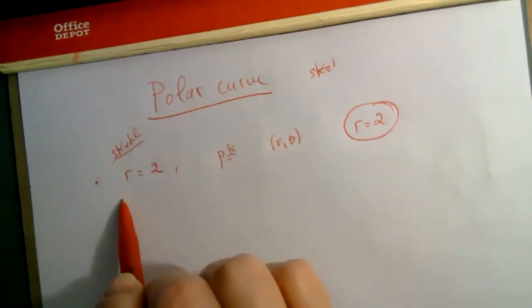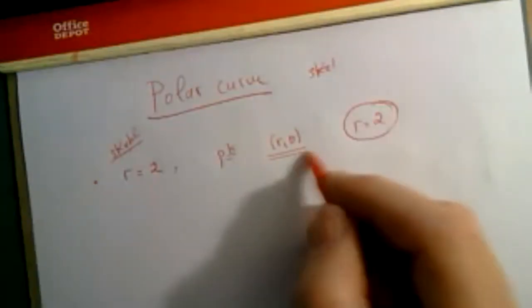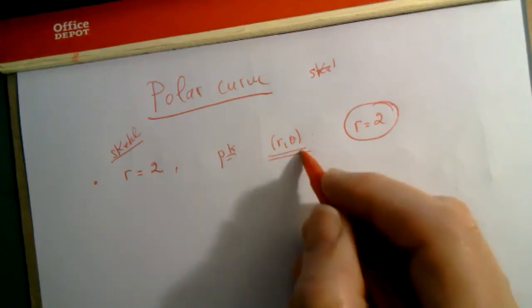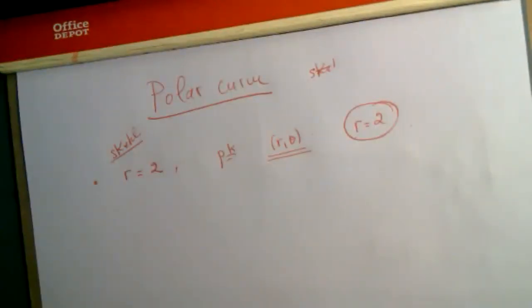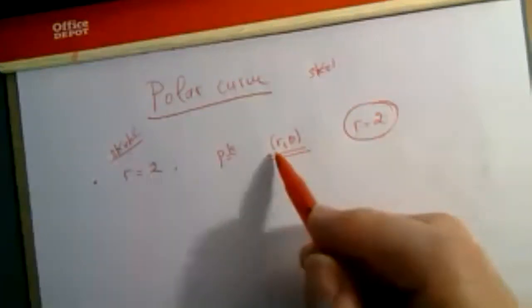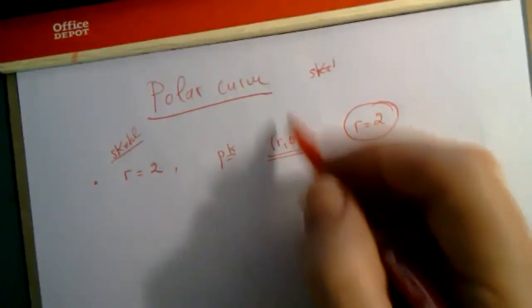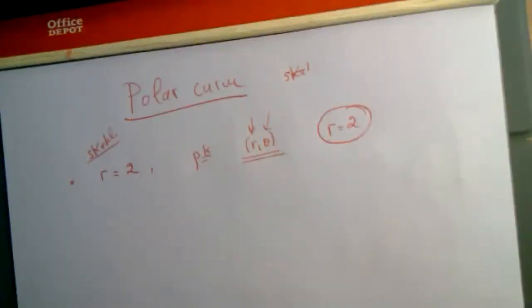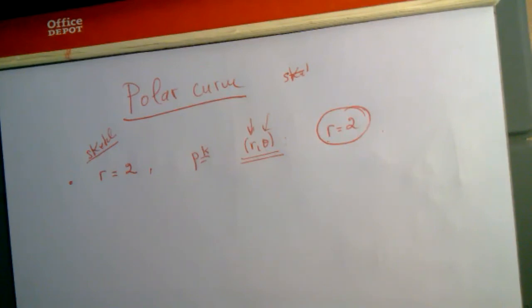r equal to 2 means sketch all the points, every possible point, whose polar coordinates satisfy r equal to 2. So it means that no matter what theta is, I want to sketch all the points such that this is 2, regardless of what theta is. So what are we going to get? Question addressed to you.